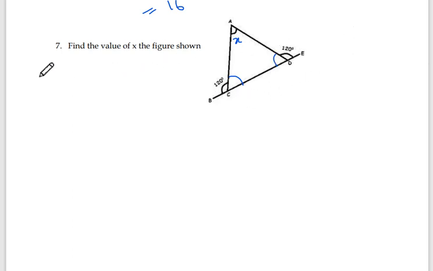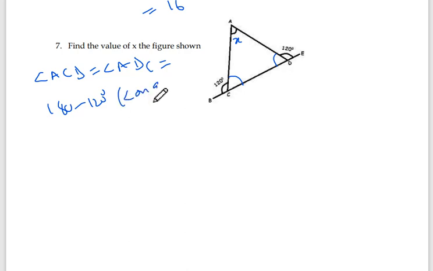So angle ACD is equal to angle ADC, which is equal to 180 minus 120 degrees. That's angle on a straight line, that's 60 degrees. So this angle is 60, this angle is 60. So this angle automatically will also be 60 because it's an equilateral triangle.